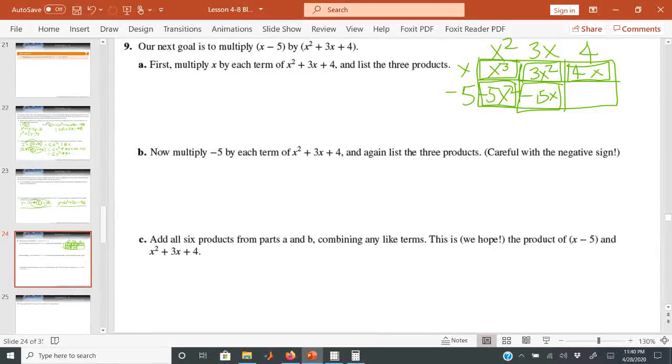And to get my last area, one side of that area is 4, the other side is negative 5. 4 times negative 5 is negative 20. Now I combine like terms. I have negative 20. I have 4x and negative 15x.